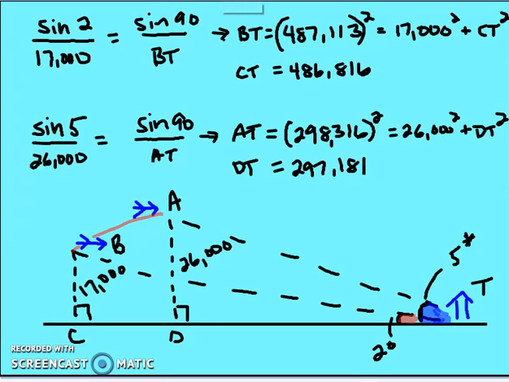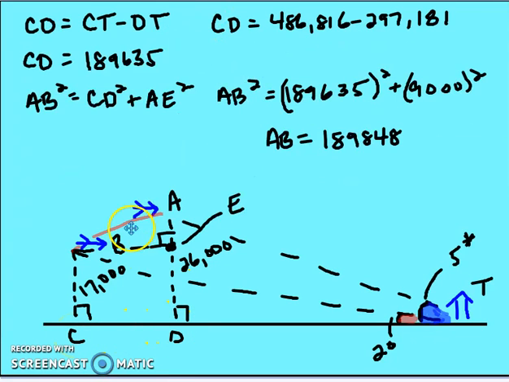But the way that I'm going to do it is I'm going to take the difference between CT and DT, which is CD, and then I'm going to create another triangle here from B to E to A. So BE is a parallel length here. It's the horizontal length, the path of airplane B. And then I'm going to find the length A to E, which is the difference in altitudes, or 9,000 feet.